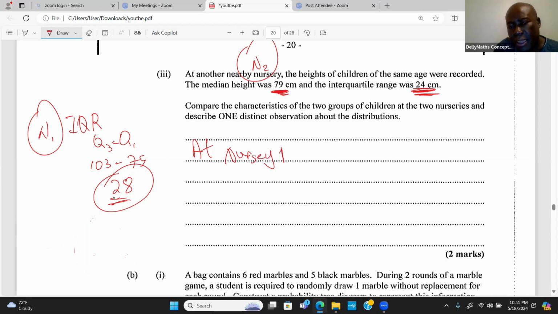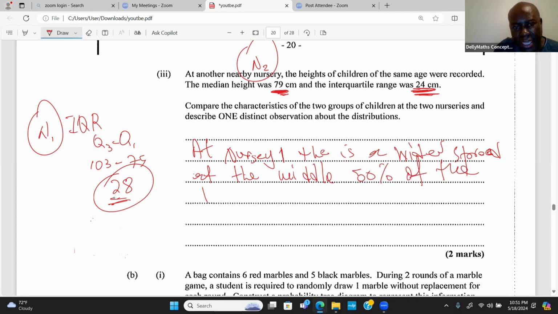I'm going to say there is a wider spread at the middle 50% of the data set compared to nursery 2.